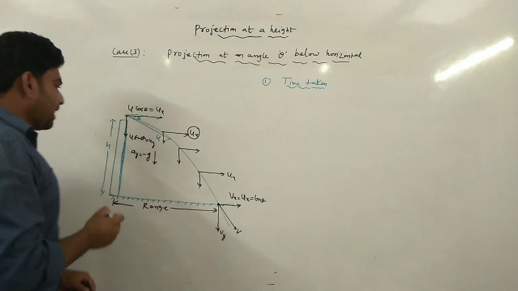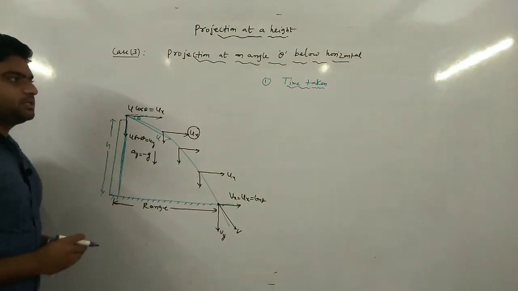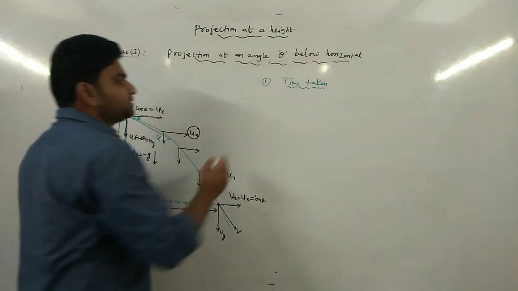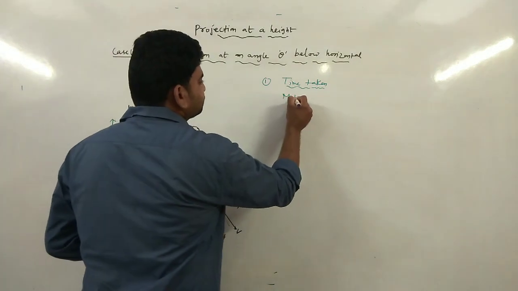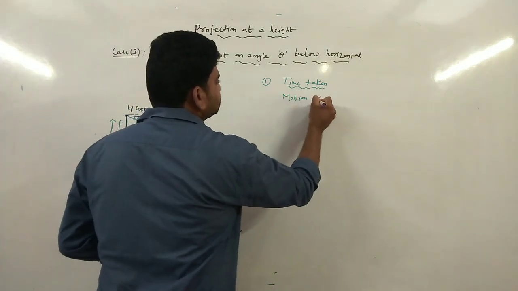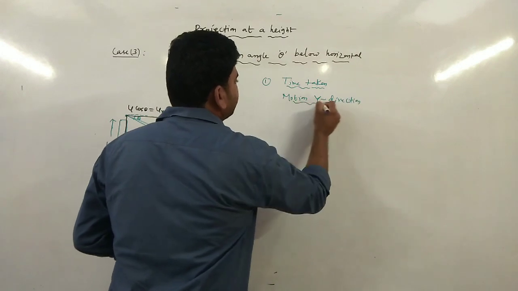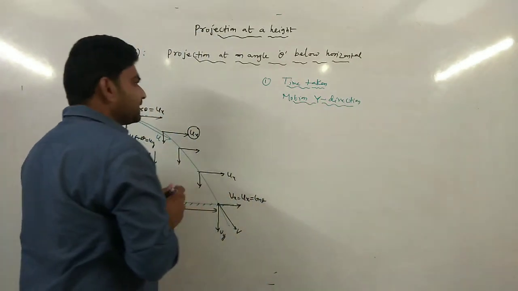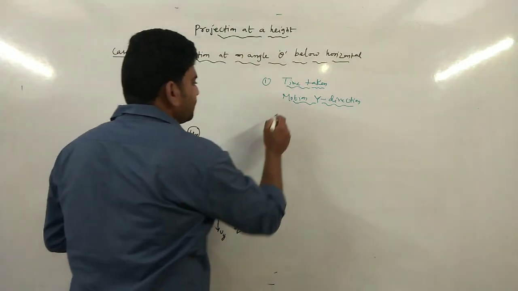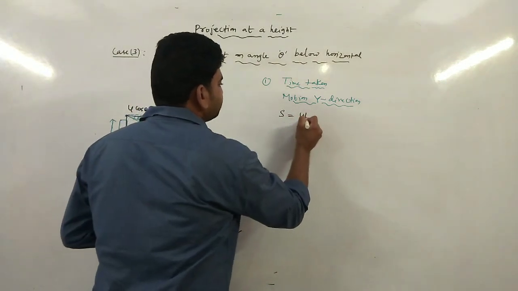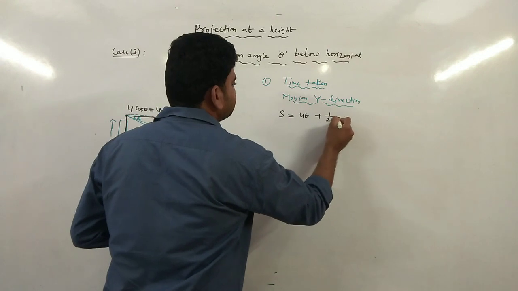For that I have the displacement in the vertical direction, so let me consider the motion in the y direction. Here we use the second equation of motion, s equals ut plus half at square.